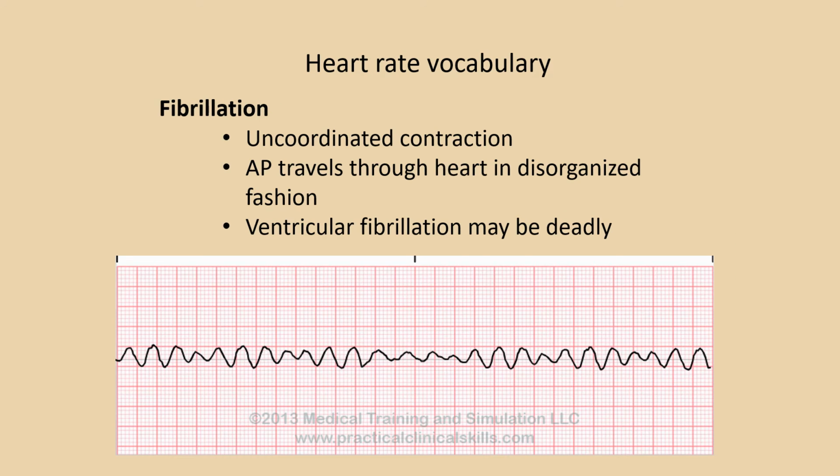And then there's fibrillation. This is bad, bad, bad. Fibrillation means that the heart muscle is contracting in a very uncoordinated fashion. It might be viewed as like a jiggling mass of muscle tissue. And this means that the heart is not acting as an effective pump. In order for the heart to work as an effective pump, it needs to contract and relax in a very coordinated fashion.